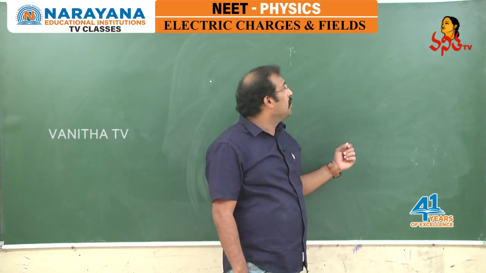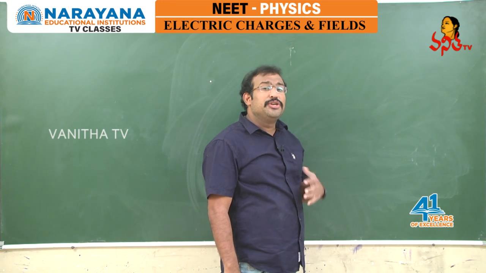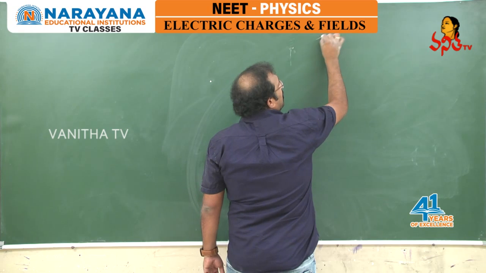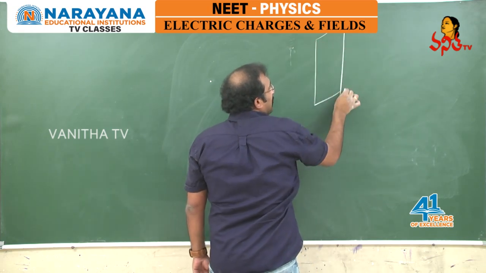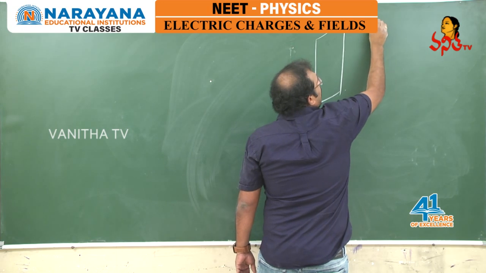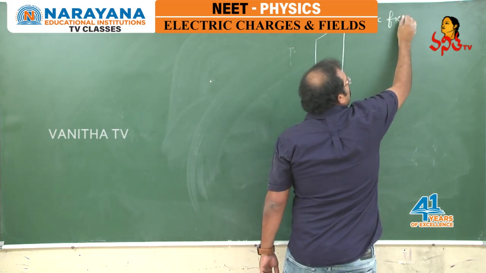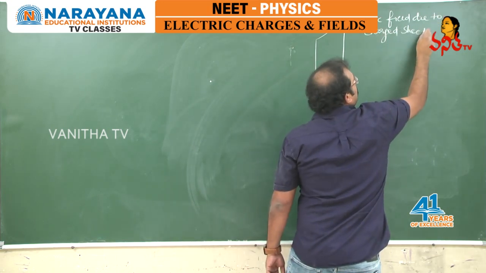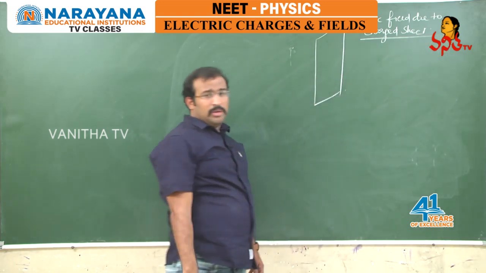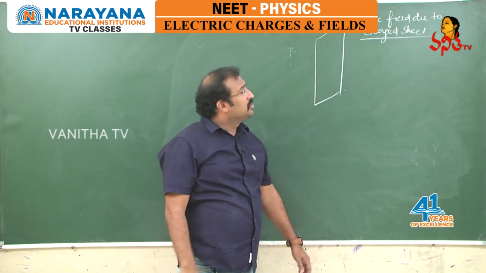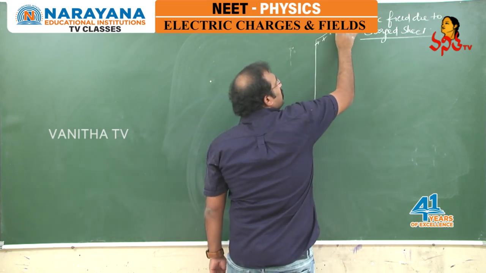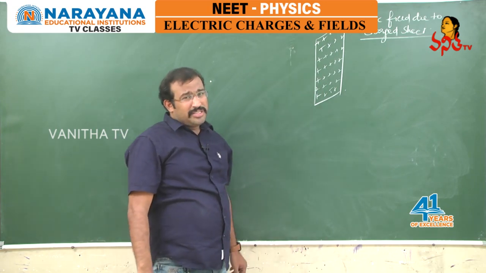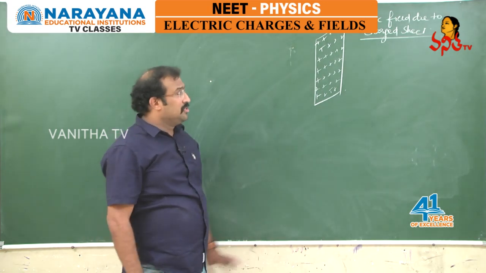Next application of Gauss law is the electric field due to a charged sheet. Let us consider a charged sheet like this. How to find out the electric field due to the charged sheet?